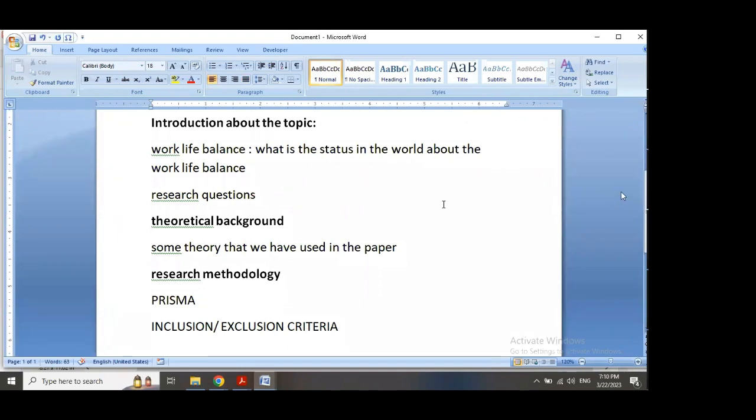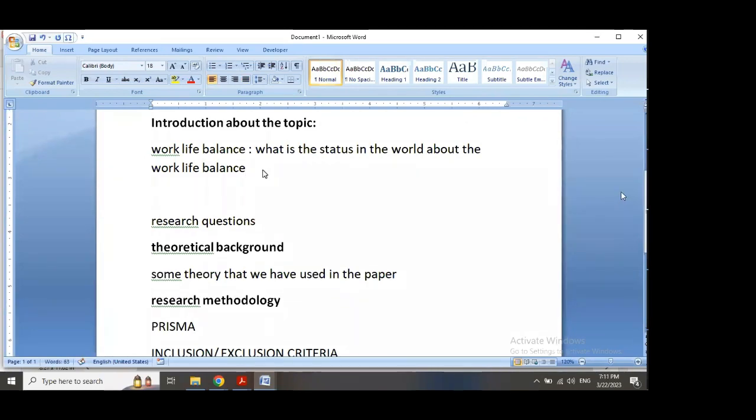Very important, in the introduction, before moving to this, this is one thing that I have missed. What you have to do is explain why you are doing this research, why you are writing this research paper, right? This is also a very, very important part. Please understand this thing.